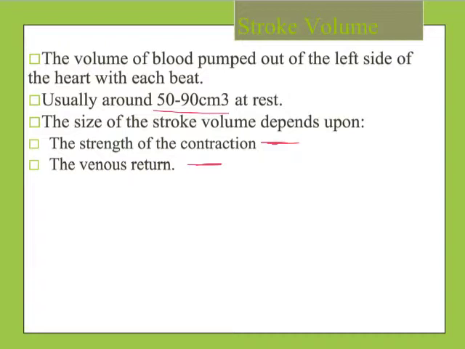The more blood returns through the veins, the greater the filling of the atria and the ventricles, and so the more blood gets pumped out. When you're resting, there's less venous return, so the ventricles and the atria don't fill quite as much as under exercise conditions. So venous return and strength of contraction are the two things that determine it, and you get a greater venous return when you're exercising.